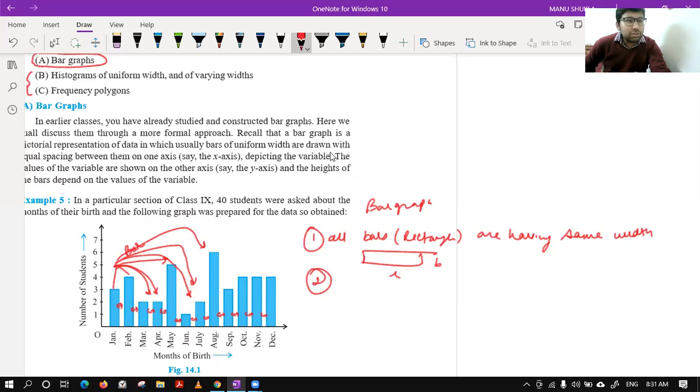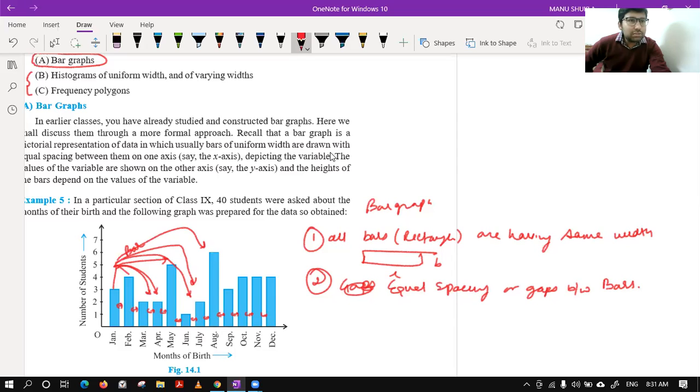Other thing, yes, Vaishnav, all the gaps are same. So equal spacing or gaps between bars. The second point that we have observed in the case of bar graph is that the gapping is same.